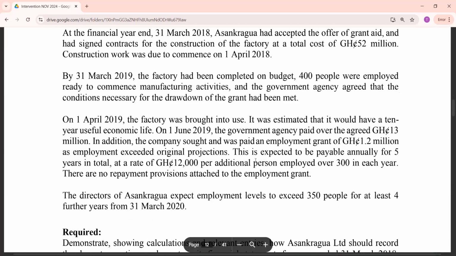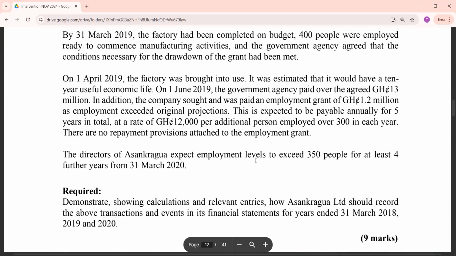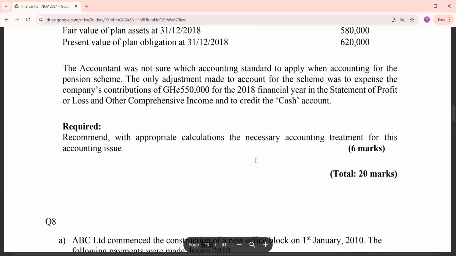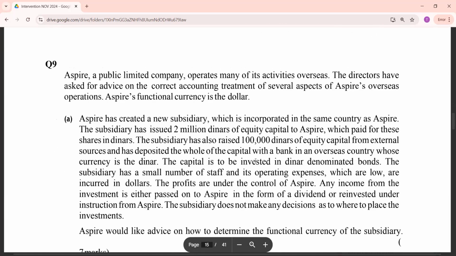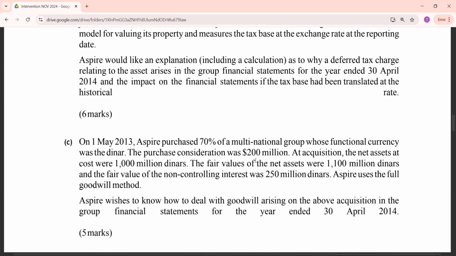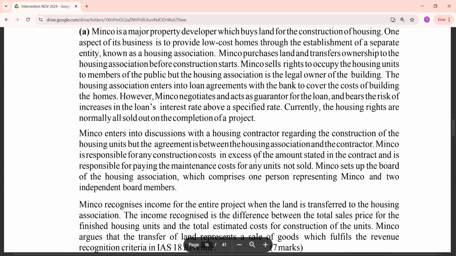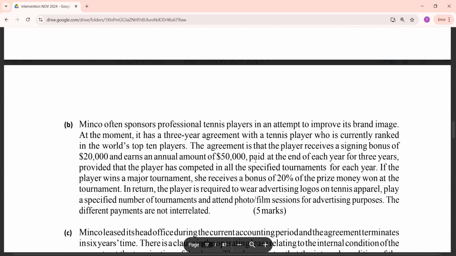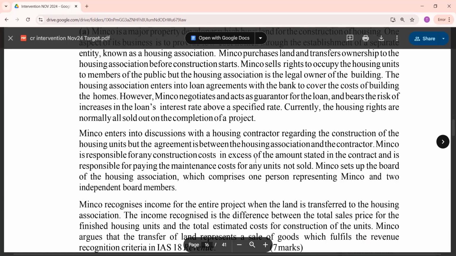In Zima, we did it yesterday. Question number 10D.